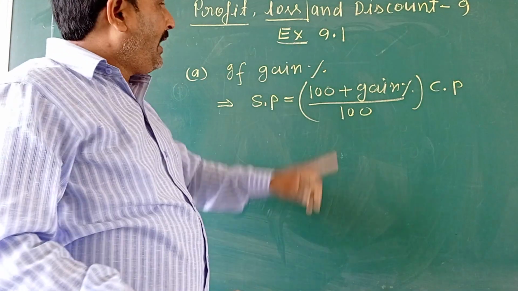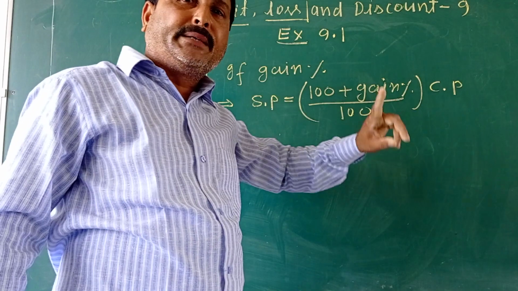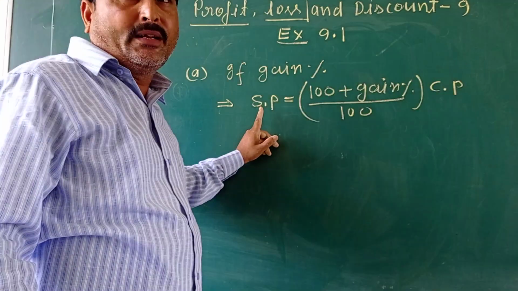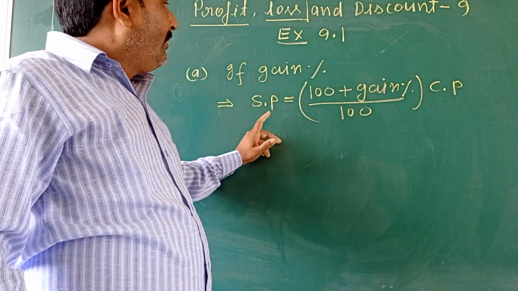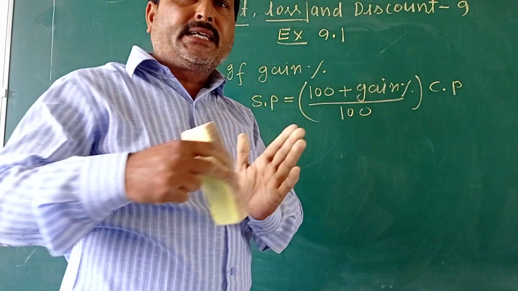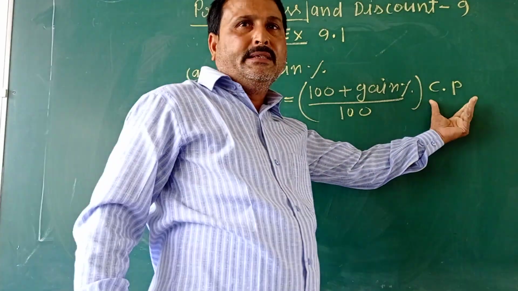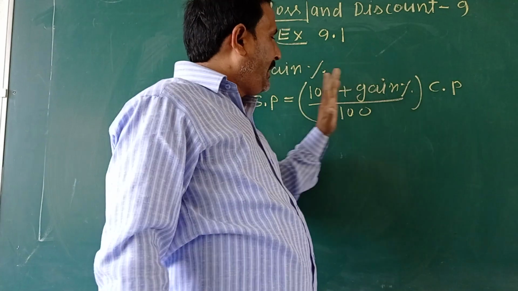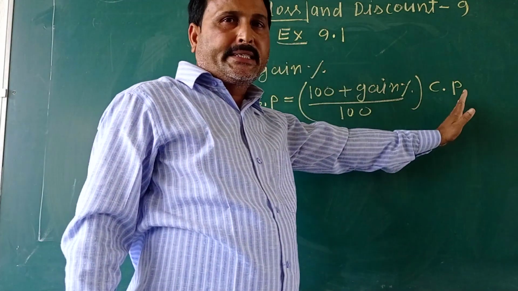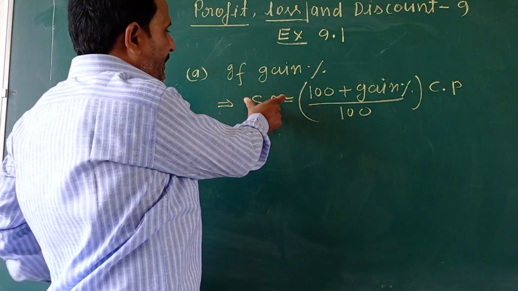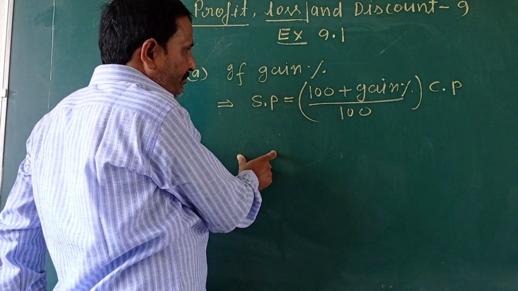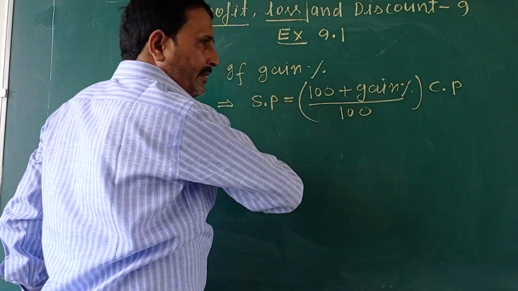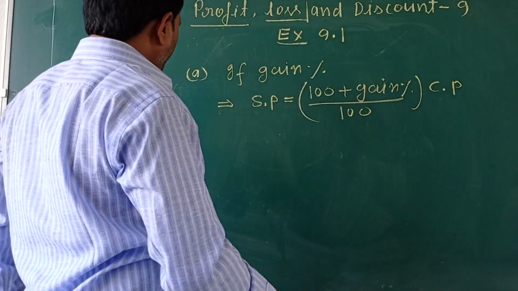Remember that for ST you have to use the same formula, and for CP also you have to use the same formula. Okay? Don't use any special formula for the calculation of the CP. If ST is given, you put the value of ST here.